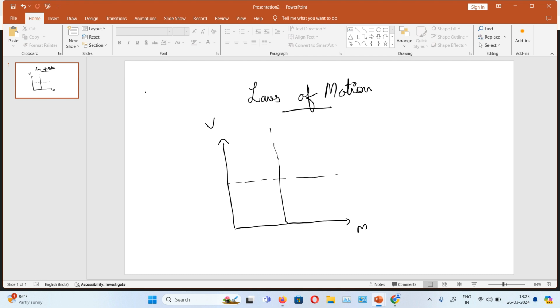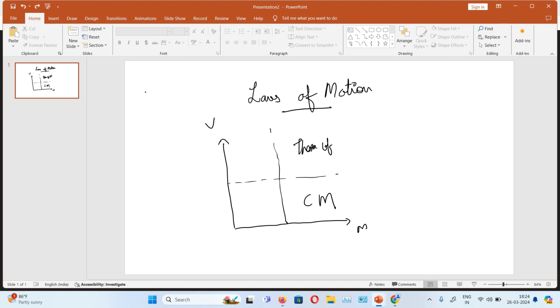Very high means comparing with the velocity of light. If it is not near the velocity of light, that deals with classical mechanics. Classical mechanics can deal with very high mass also, since the velocity is not comparable to light. But if the particle is moving at a speed comparable with the speed of light, then the theory of relativity will come.